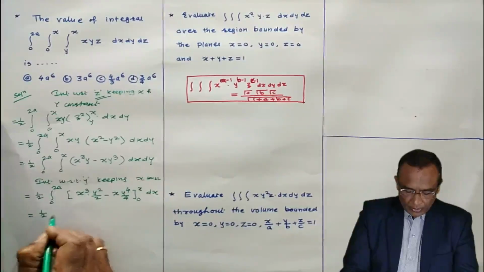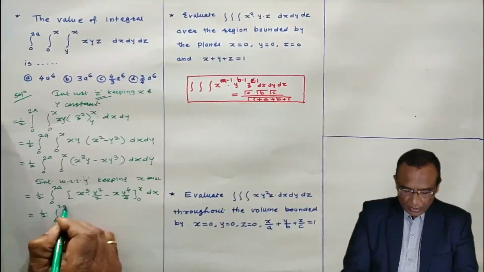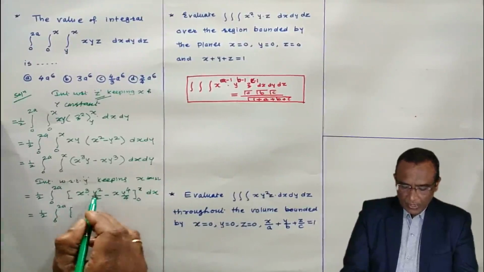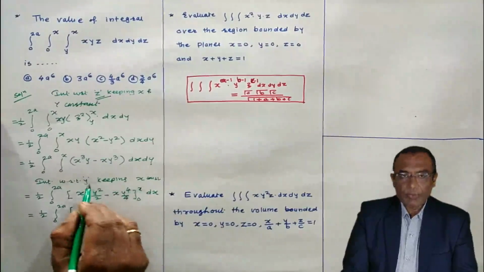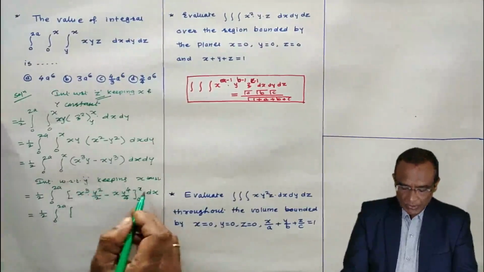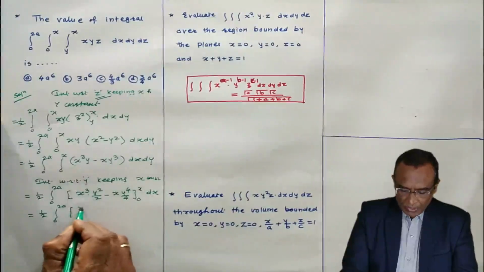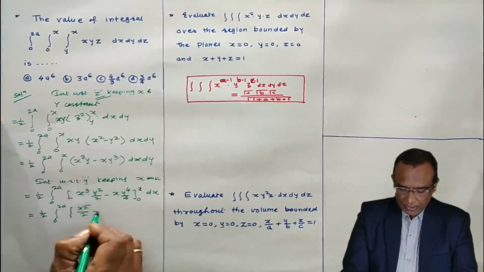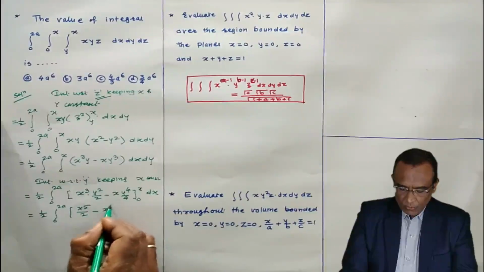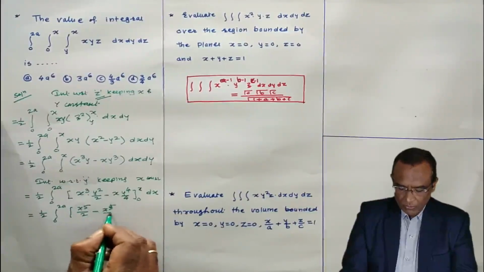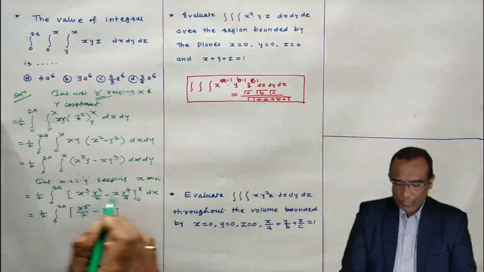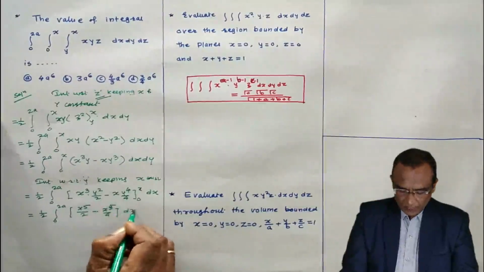Now after putting limit, what you get? Because we have integrated with respect to y, put y is equal to x. If you put y equal to x, then x power 5 by 2 directly writing. Here x power 5 by 4. If you put y equal to 0, I will get 0, that I am not writing.